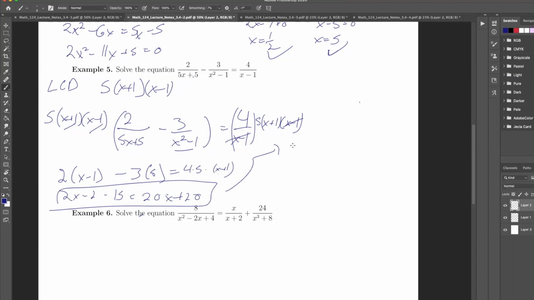So I'm left with 18x, if I move the 2x from both sides, equals minus 17 minus 20, which gives me minus 37. And so we have x equals minus 37/18. We'll skip the checking step just because of time, but this one checks out.